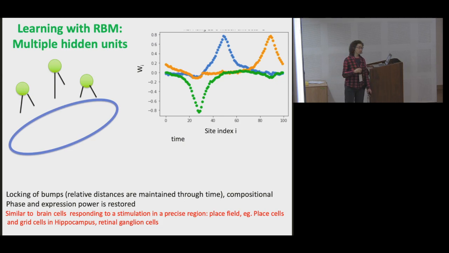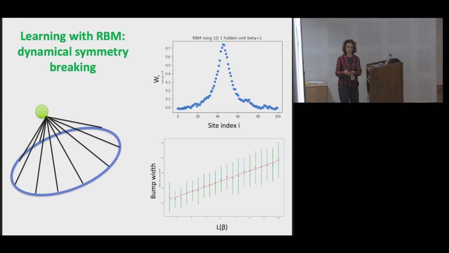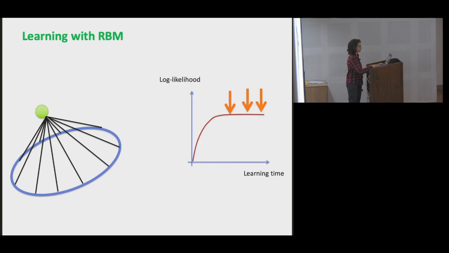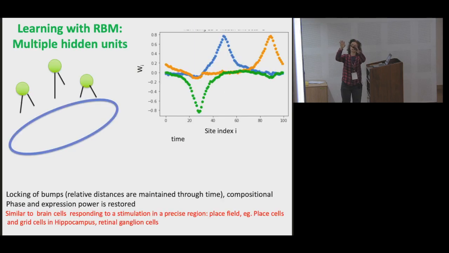While the first case of only one hidden unit corresponded to the mother cell representation, in which only configurations which are aligned here will activate the spin, here with multiple units you restore the compositional representation, in which each unit looks at a portion of the space. And this is interesting because it's much like what happens in the brain.